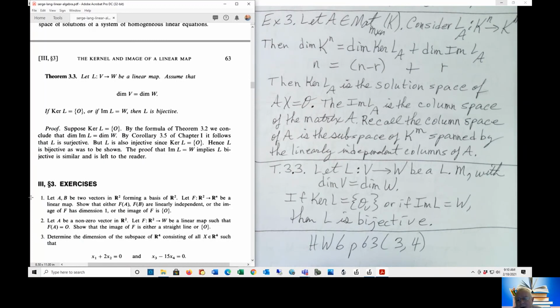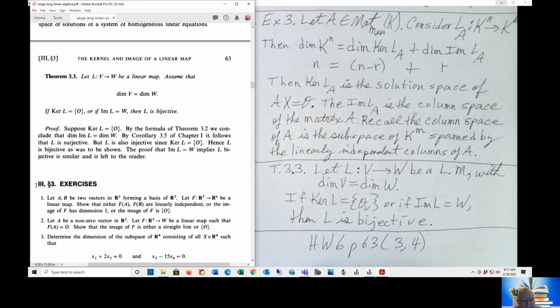Let's see what is needed for this to be an isomorphism. This is what theorem 3.3 is all about. If V and W have the same dimension, then if either the kernel of L is trivial or the image of L equals all of W, then L is bijective. If either one of those is true, then L is bijective.